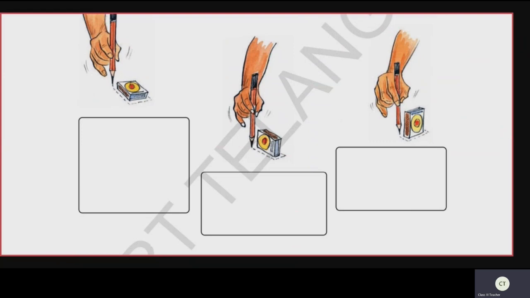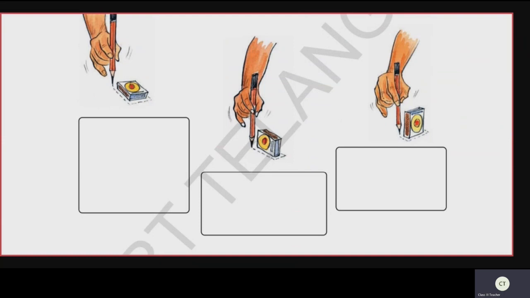Okay, children. If you place a matchbox horizontally on a sheet of paper and trace, which shape will you get on the paper? Which shape can you see? Yes, exactly. Rectangle only.